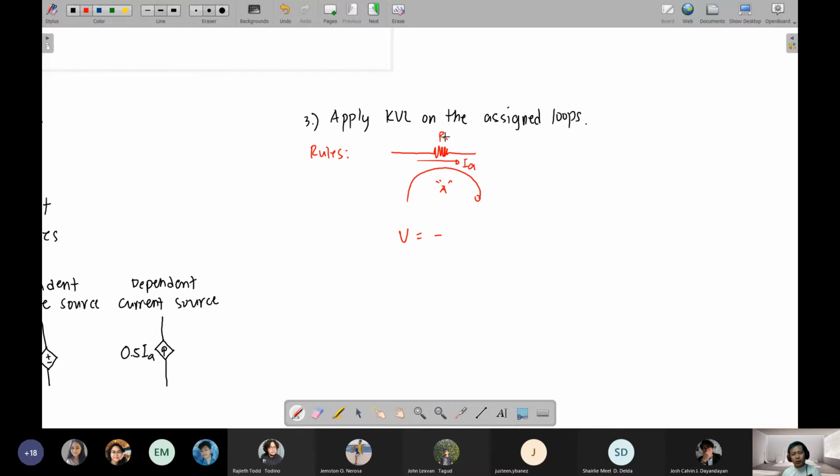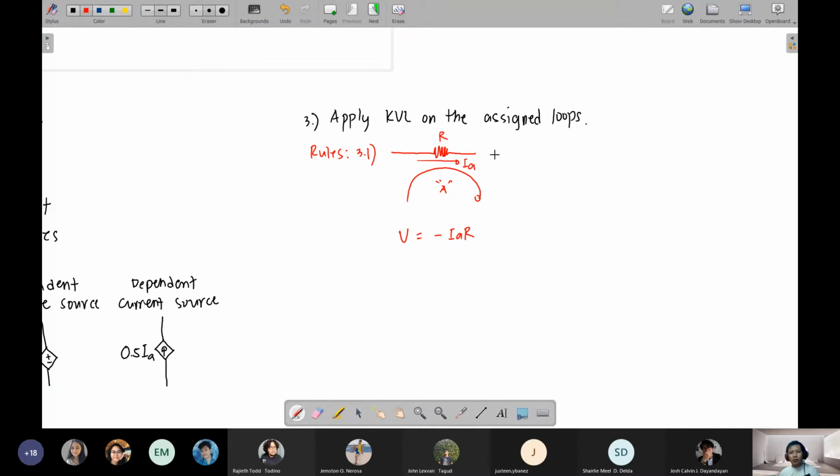If there is current and there is resistance, recall from Ohm's law, V is equal to I times R. Therefore, if the direction of the loop and the current are the same, then the voltage on the resistor will be negative IA times R. Let's call this rule 3.1.